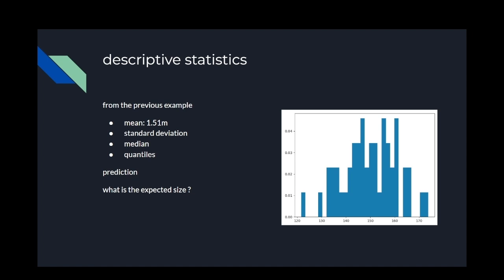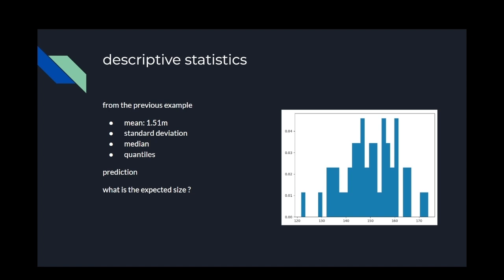Then we have other popular and more robust descriptive statistics like the median and quantiles. The median is a more robust version of the mean. The median is going to take the central point, to make it simple, and for quantiles we take quantile 25 and quantile 75, which means 25% and 75%, and take the range.